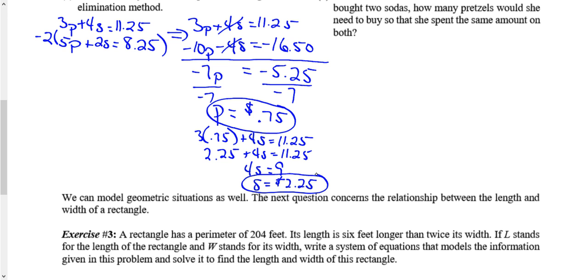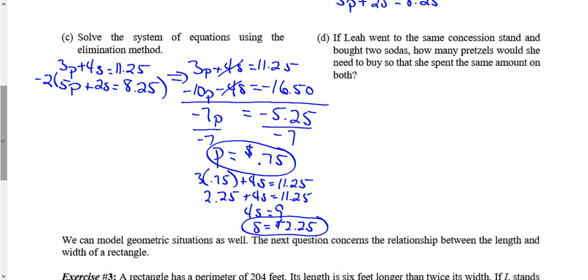Pretzels are cheaper because they don't cost much to make. How'd I get 2.25? I got 9 divided by 4. How many times does 4 go into 9? Twice, with how many left over? 1. So 2 and 1/4, 2.25. Okay.